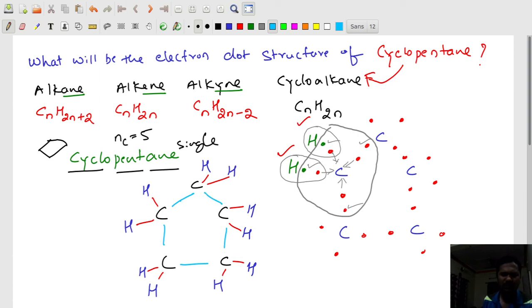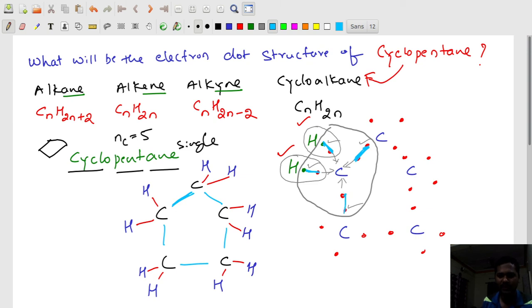This bond is a pair of electrons shared between 2 adjacent carbon atoms. And what are these 2 bonds? Again a pair of electrons shared between hydrogen and carbon.